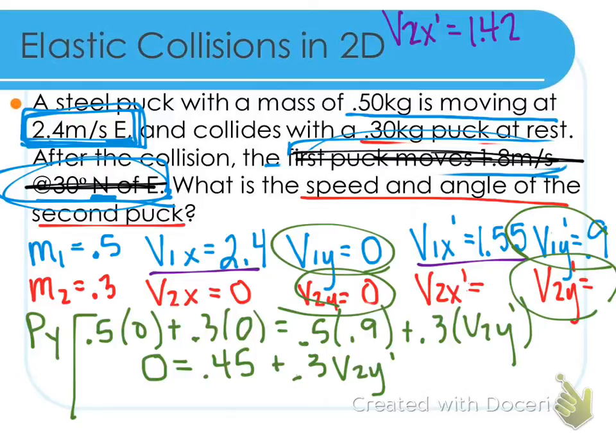Okay, my whole left side is 0 because there's no momentum before this collision in the y direction, right? One of them's at rest, one of them's moving purely east. There's no momentum yet in the y direction before the collision. After the collision, then we start breaking off and splitting up.